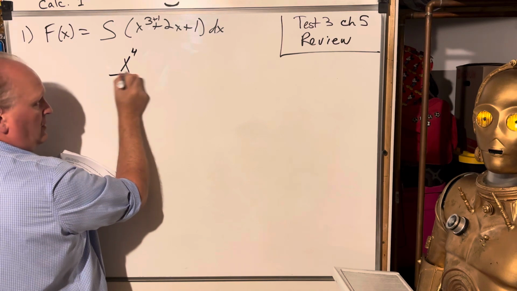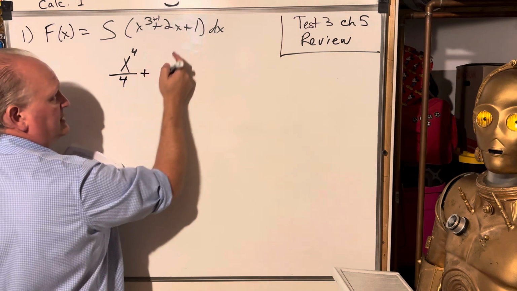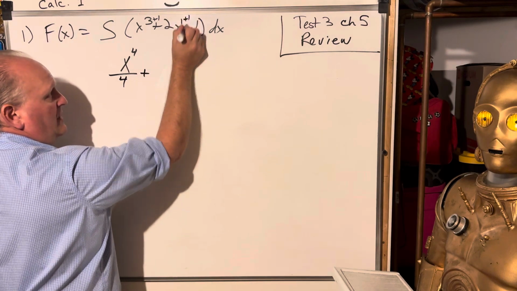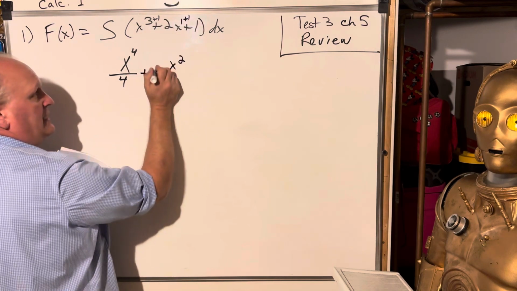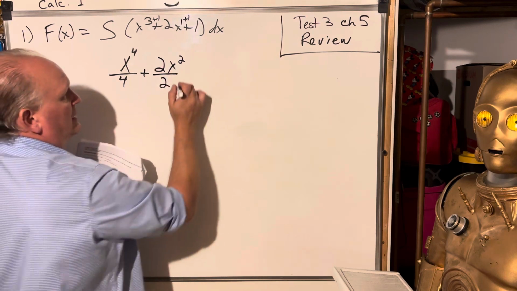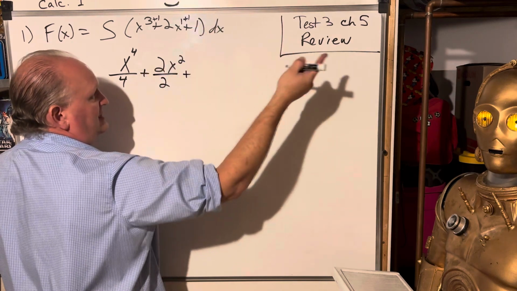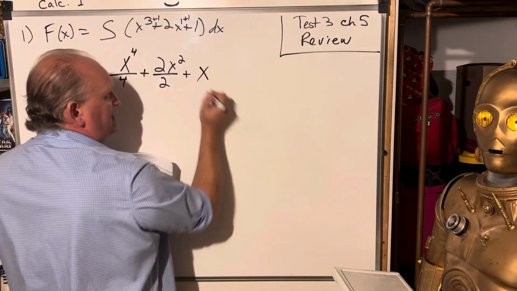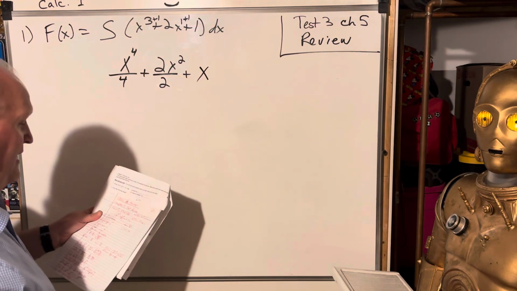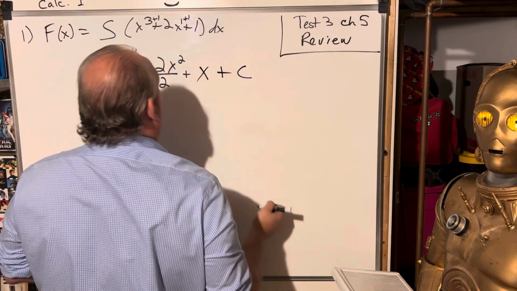So it's either over 4 or times 1/4. Plus, add 1 to that, so that's 2. There's already a 2 there, and then that's also what we divide by. And remember, that's x to the 0 power, so x to the 0 plus 1 is just x. And then plus c. Always plus some constant.